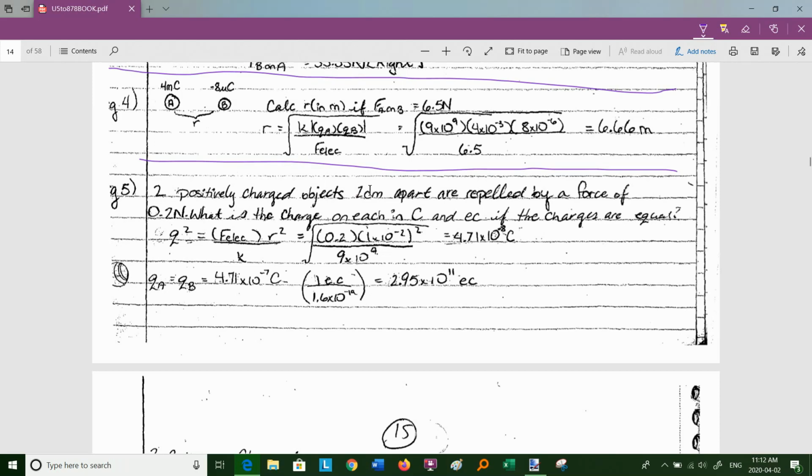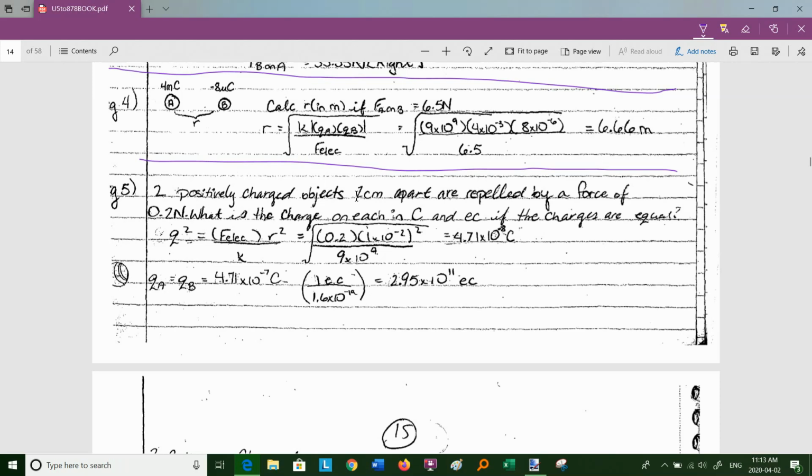The charges are equal, so QA equals QB equals just Q. So Q squared is the electric force times R squared over K. I'm given the force, 0.2 newtons, and the distance between them, 1 by 10 to the -2 meters. I square that, divide by K, and I get 4.71 by 10 to the -8 coulombs.